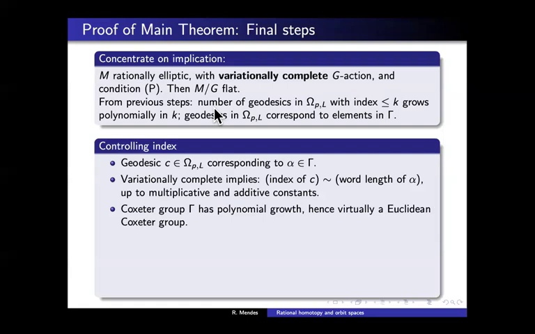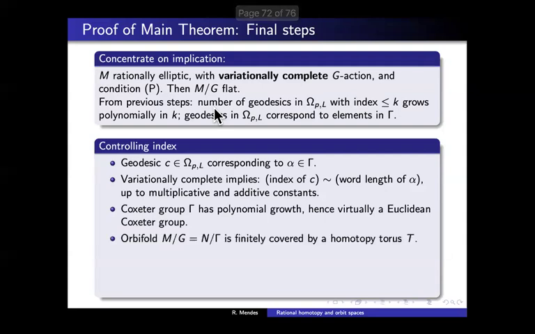In particular, if a Coxeter group has polynomial growth, meaning the number of elements of word length at most k grows polynomially in k, which is what we have here, then the group is a product of a Euclidean Coxeter group, so a Euclidean reflection group, and a finite Coxeter group. Okay, so virtually, up to a finite index subgroup, it's a Euclidean Coxeter group.